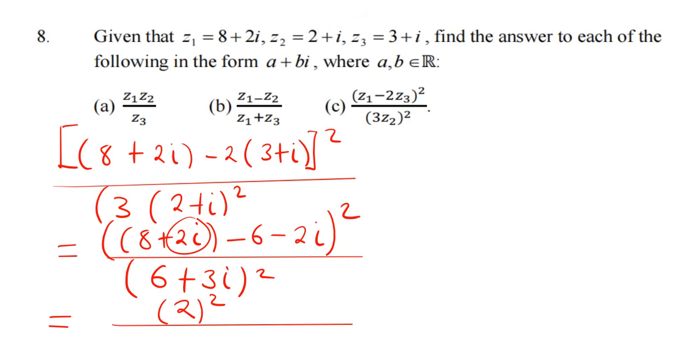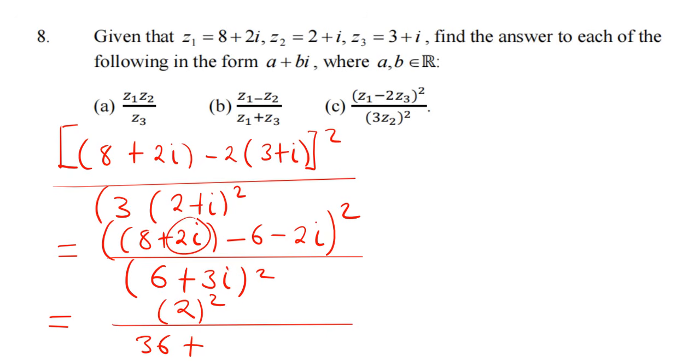The other one is 6 plus 3i. Now 6 squared, that is 36, plus 2 multiplied by 6 multiplied by 3i. Allow me to just write it on the other side.